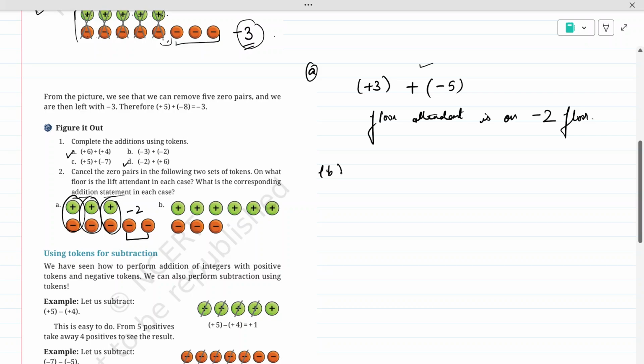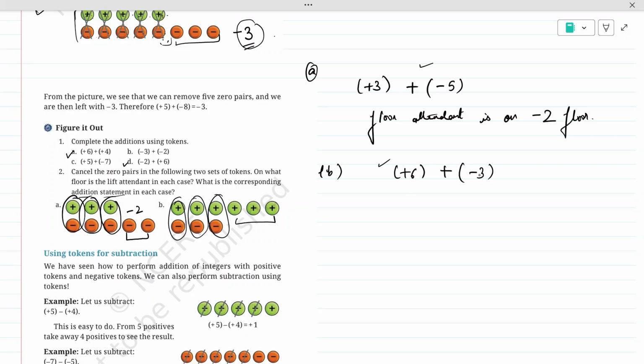Now let's do B part. We have 6 positive. To this, we are adding 3 negative. This is the addition statement required. Now let us see how many zero pairs again. 1, 2, 3. 3 zero pairs. That means we can straight away ignore these because the value will be 0.